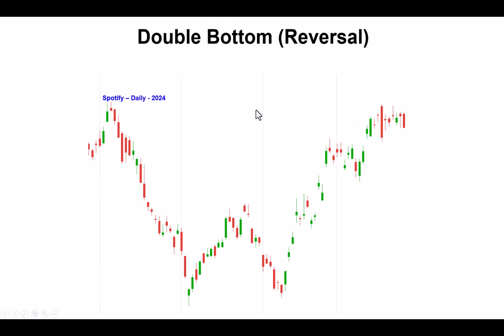Another one, a more recent one, we saw here in Spotify on the daily chart a few weeks ago. We have this double bottom. You can see they're not exactly the same price, but almost. This is not a valley, it is the opposite of a valley, but we still have these two bottoms here. And the breakout price is around there where we have the dashed line.